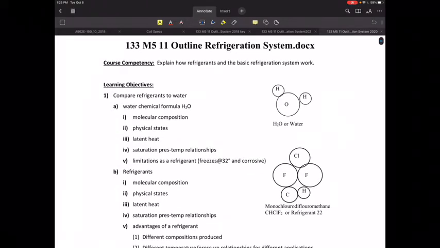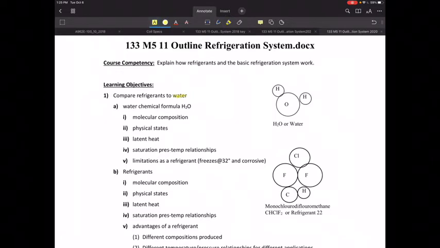All right, so the first area: up till now, we've been looking at using water as a refrigerant, and we've been doing a lot of comparisons to water. So one of the things that we're going to take a look at related to water as a refrigerant is, obviously, its basic molecular composition.